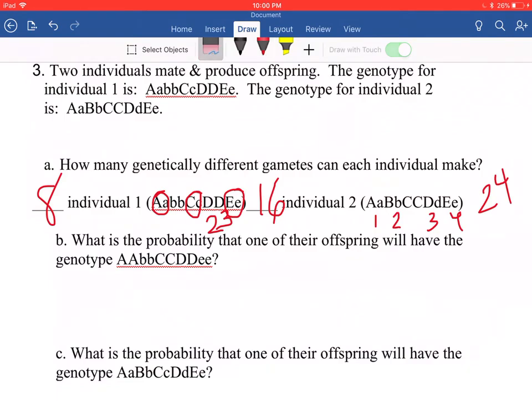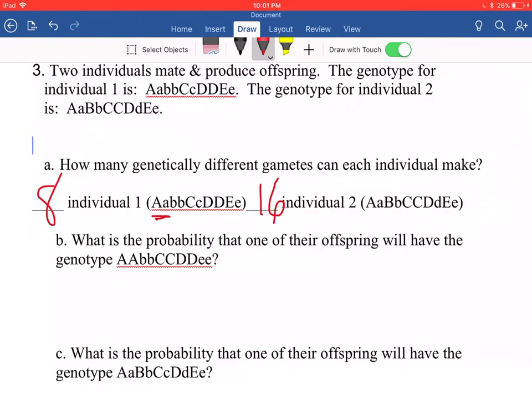So I'm going to delete my markings here just so that you can see these original genotypes better. And so when we look at individual 1, let's look at each single trait individually. So let's start with trait A for individual 1.